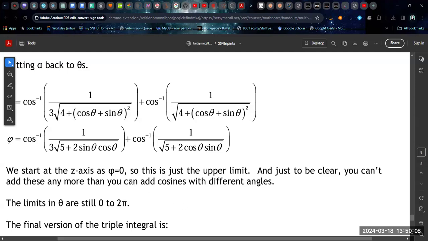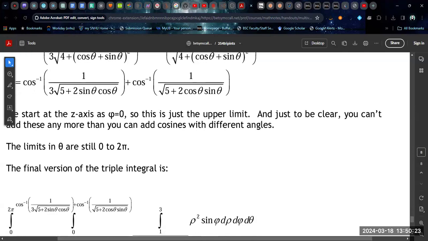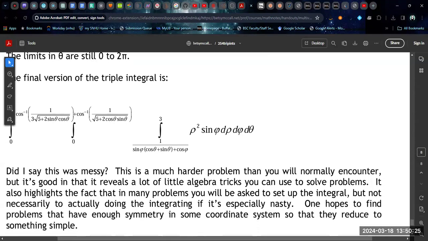So you can't add these together because you can't add inverse cosines, the same way cosine alpha plus cosine beta is not cosine of the two angles. So we're kind of stuck with this. And then in theta, at least we only go from 0 to 2 pi.